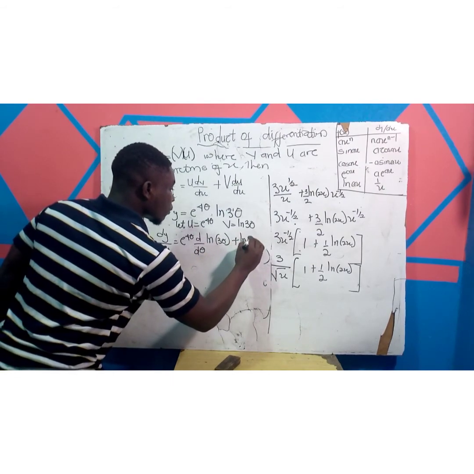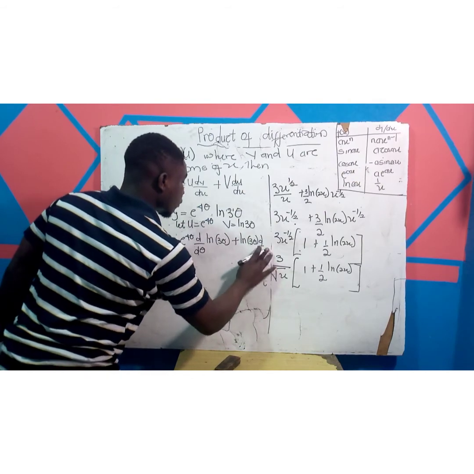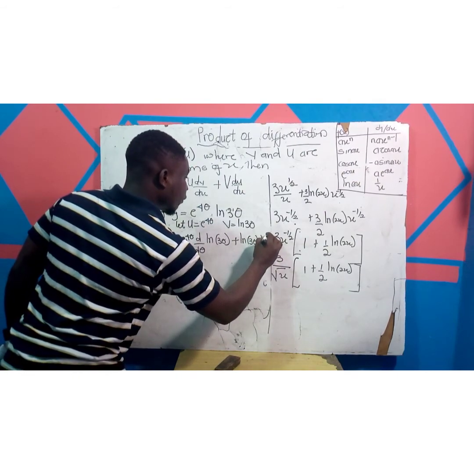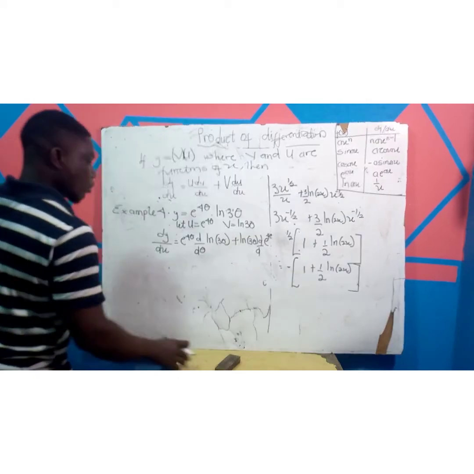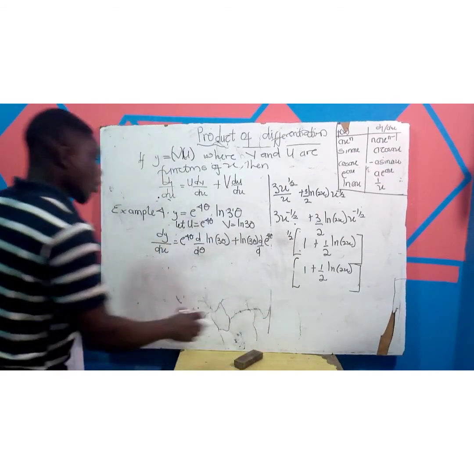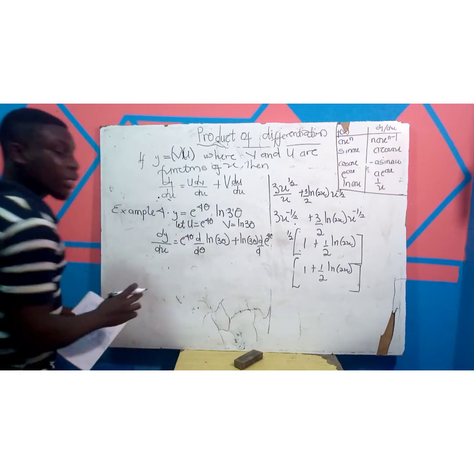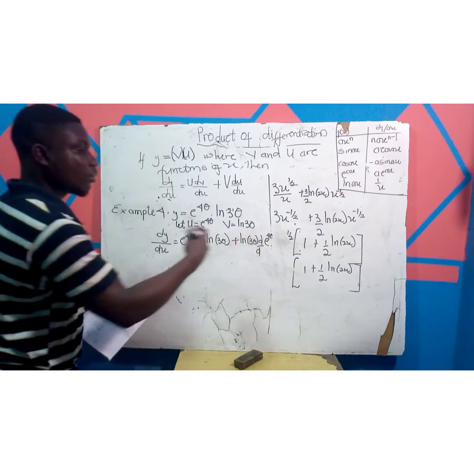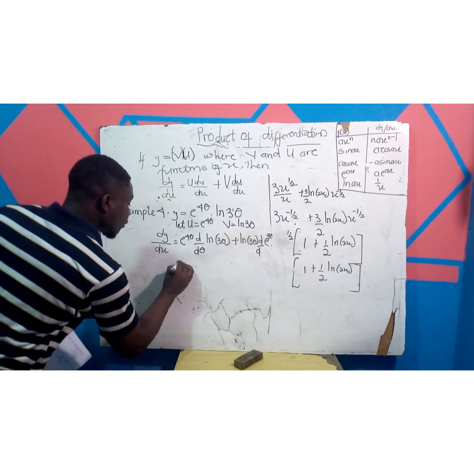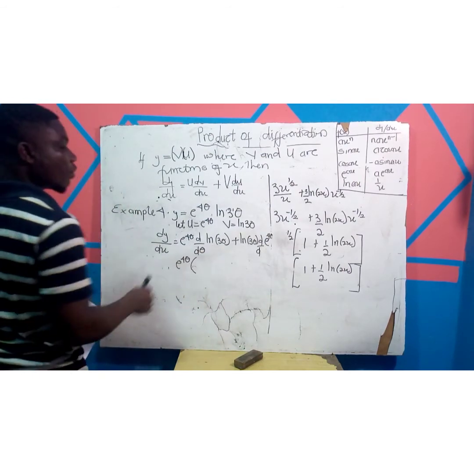Plus v over e exponent 4 theta. Now we must do our differentiation. We keep this constant, we differentiate the next. We keep this constant, we differentiate the other. So e exponent 4 theta. What is the differentiation of this?